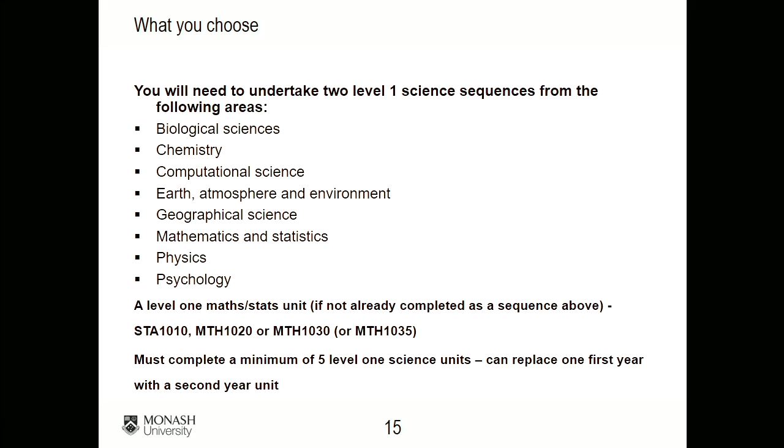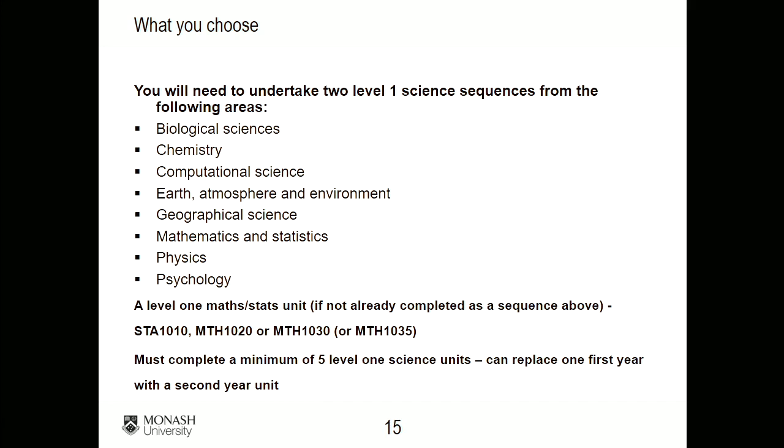So just to give you a quick rundown of the maths units, STA 1010 is a statistics unit. It's statistical methods for science, and is normally recommended for students who are planning on studying areas where experimental design and data analysis is particularly important. A lot of the biological science disciplines use a lot of experimental work and data analysis.